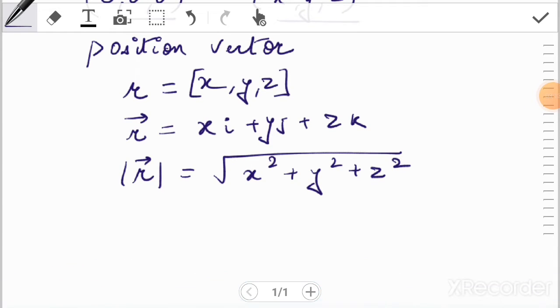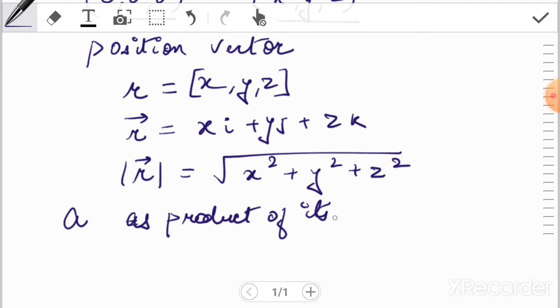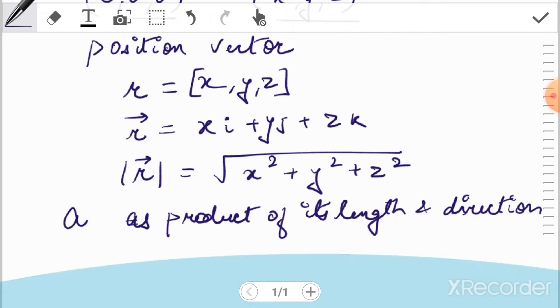Okay, any vector A may be written as a product of its length and direction. Let me show what I mean.